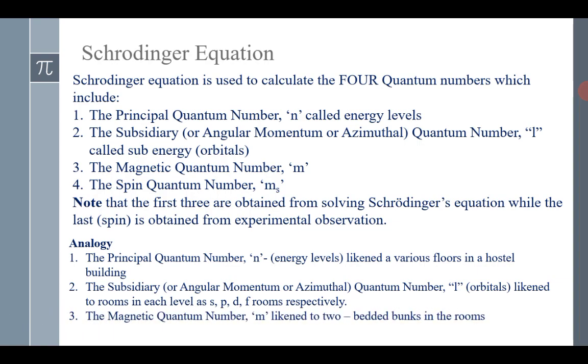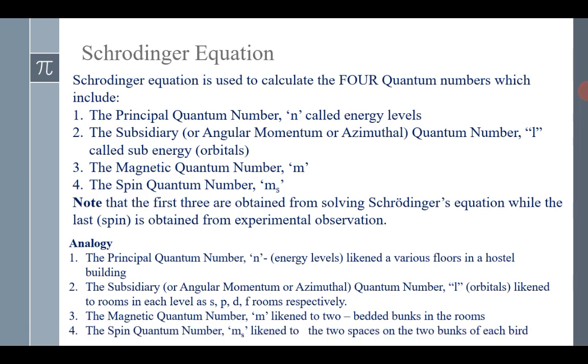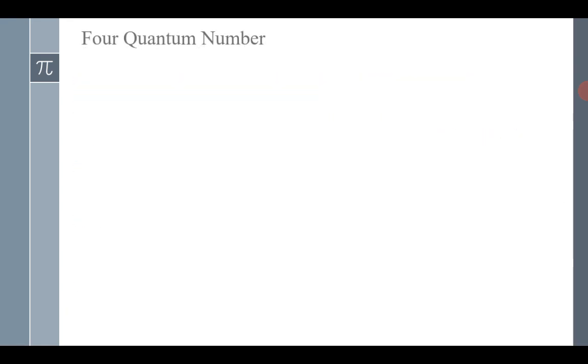Then the magnetic can be likened to the bunks, that is the two-bedded bunks you put in each of the rooms. And finally, the spin quantum number can be likened to the two spaces on the bunk, that is the two beds on the bunk. So let's go ahead and see their values.